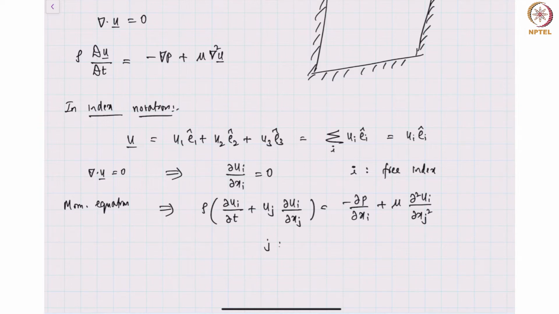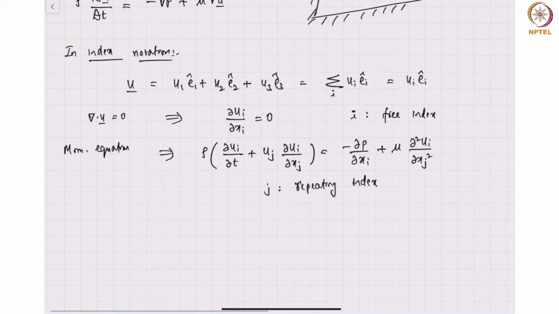Here j is the repeating index, sorry. i is the free index. This term that you see here, this is Du by Dt, which is del u by del t plus u dot grad u.